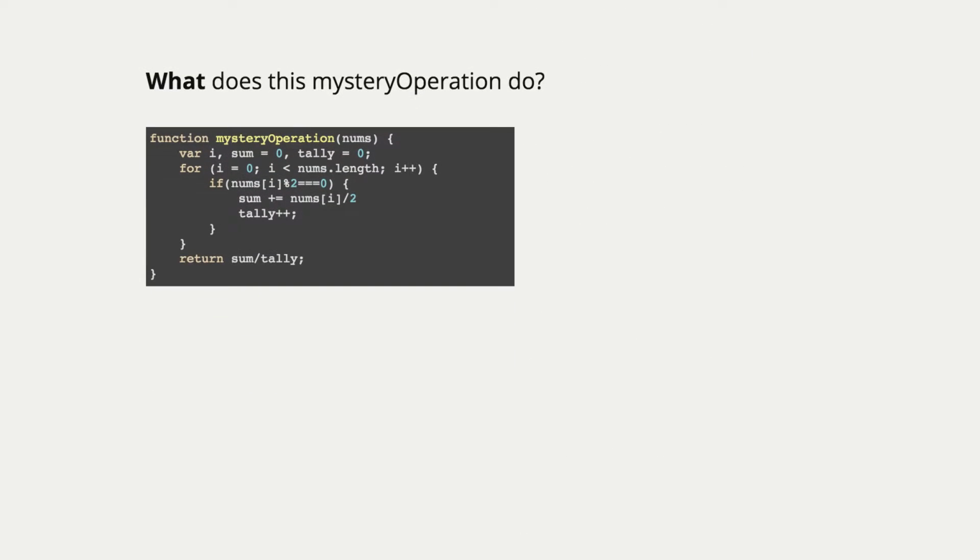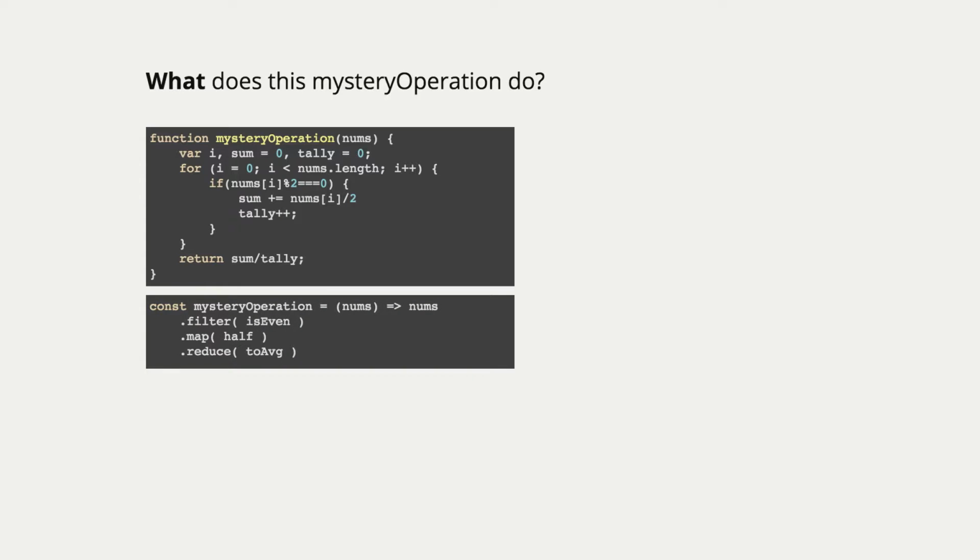If we look at another one, same thing. What is this doing? Using that same context of what versus how, what is this doing? It's kind of hard to figure out, right? So what if we rewrite it to the what instead of the how?